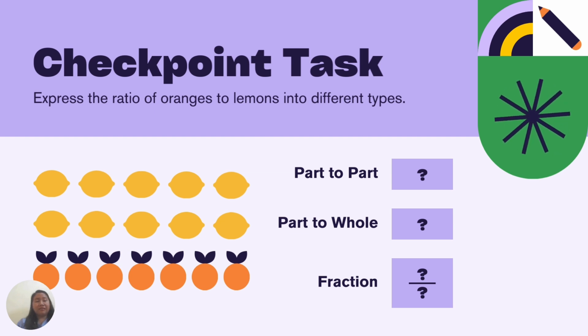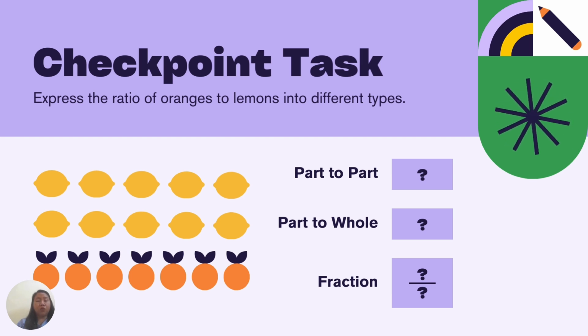Checkpoint task. Express the ratio of oranges to lemons into different types. You're going to answer the part-to-whole and fraction.